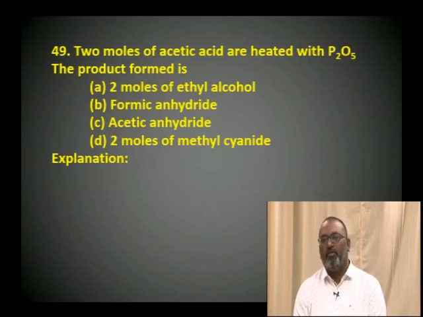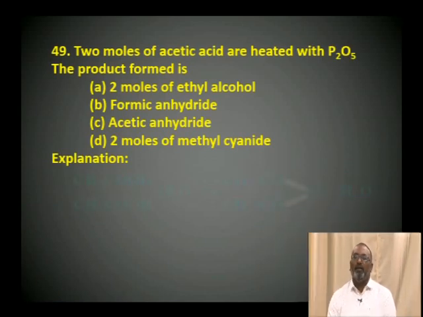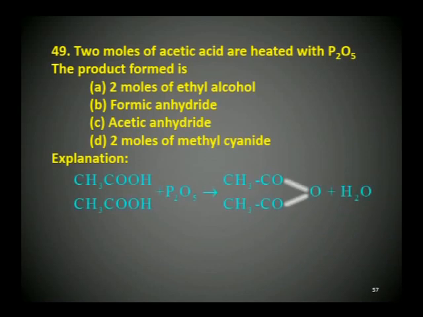You know that phosphorus pentoxide is a very good dehydrating agent, that is, it helps in the removal of water molecules. When 2 moles of acetic acid are heated with phosphorus pentoxide, a water molecule is removed, such that when water is removed from 2 molecules of acetic acid, we produce acetic anhydride. So this is the reaction showing acetic anhydride formation.